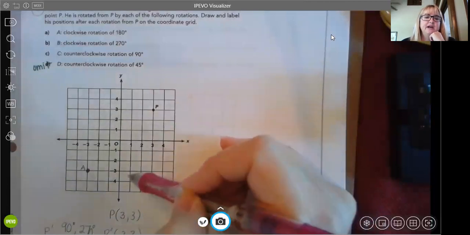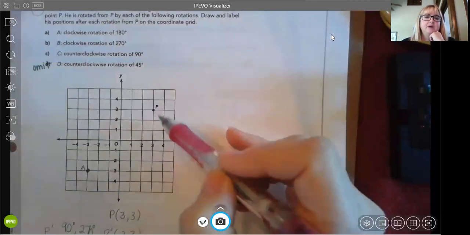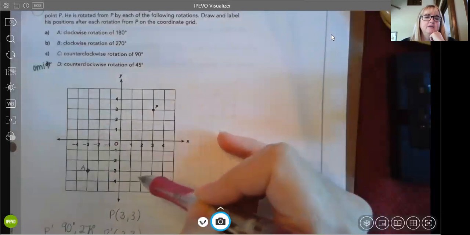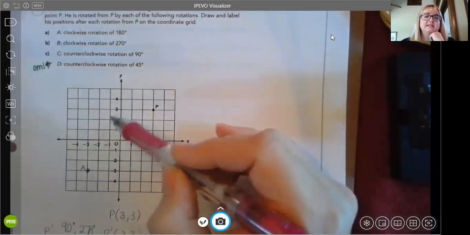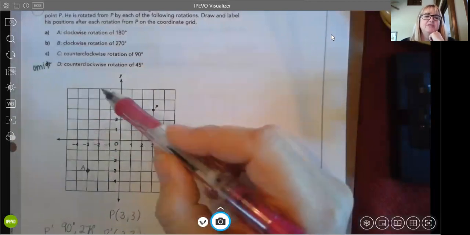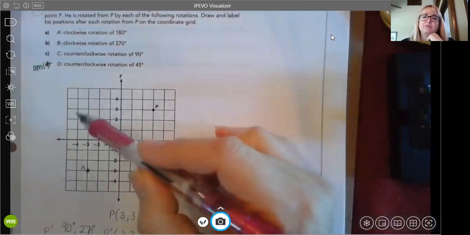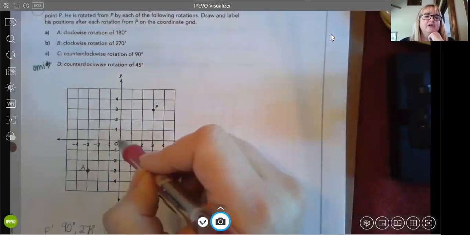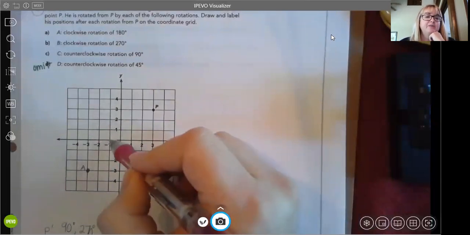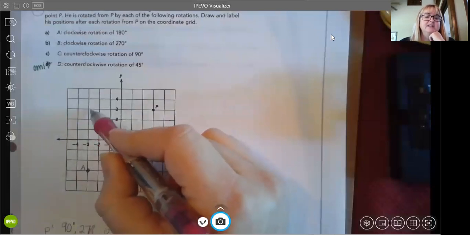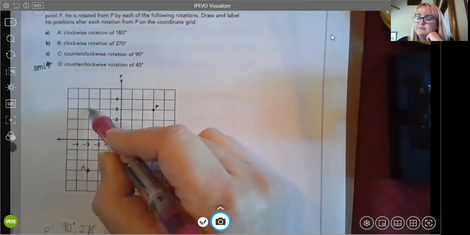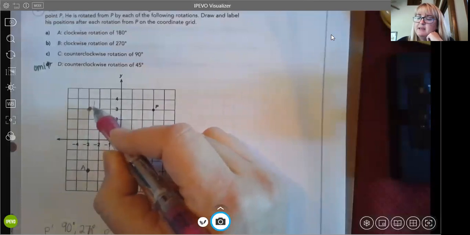So we're moving this direction. And now 90, 180, 270. So it's going to be in this quadrant. And I need the 3, 3. I need 3 over and 3 up or down. So we're going to go back 3 and then up 3 to get into this quadrant. So that is B.